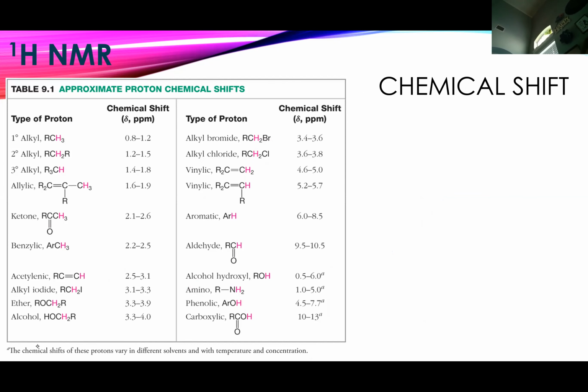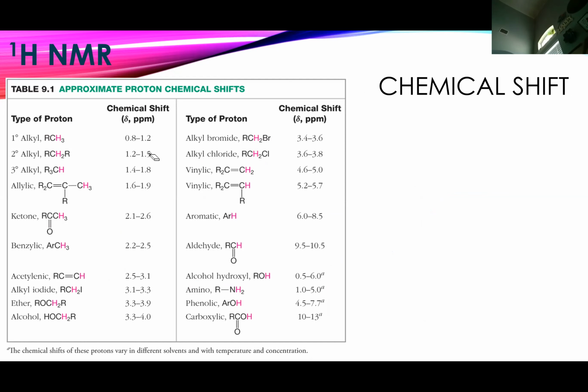And these chemical shifts are related to the structure of the molecule and also proximity to electron withdrawing groups. But first we're going to talk about the structure portion. If you have a primary alkyl carbon and hydrogens on that primary alkyl group, so a methyl group essentially, it should appear between 0.8 and 1.2 ppm.